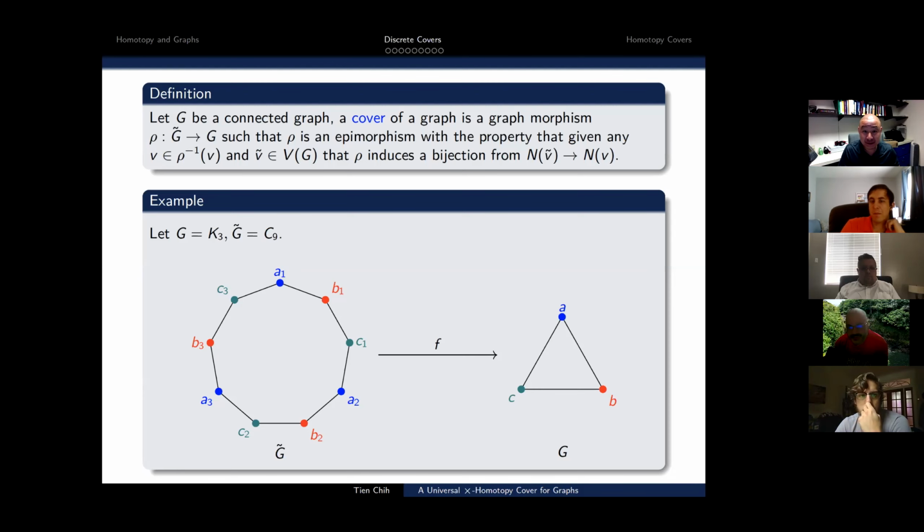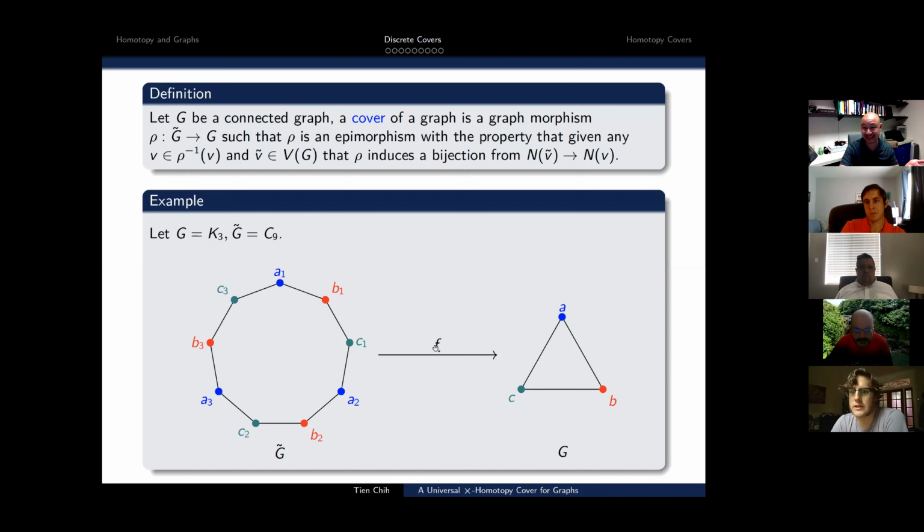When you define that function rho, you say it goes from G tilde to G. But what is G tilde? So the G tilde is the domain of the graph morphism, right? In order to be a graph morphism, you need a domain and codomain graph. So G tilde is going to be the domain on which this f is going to be defined. And actually, this should have been a rho, not an f. Sorry.